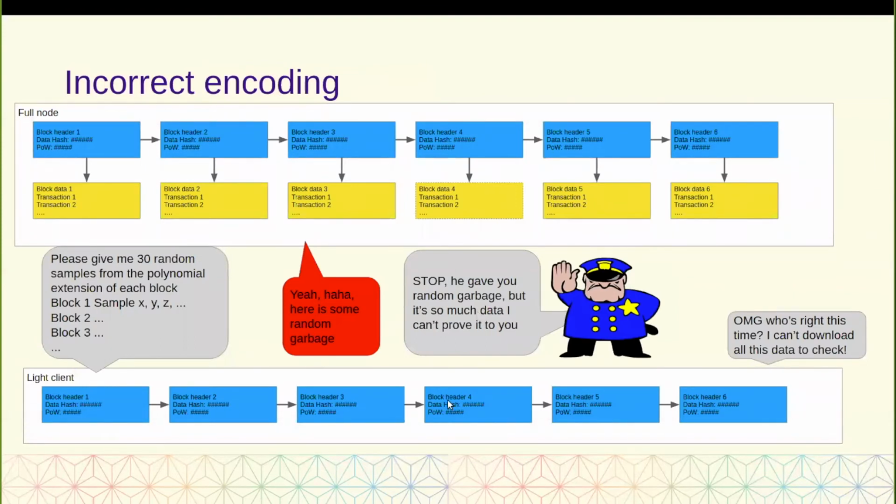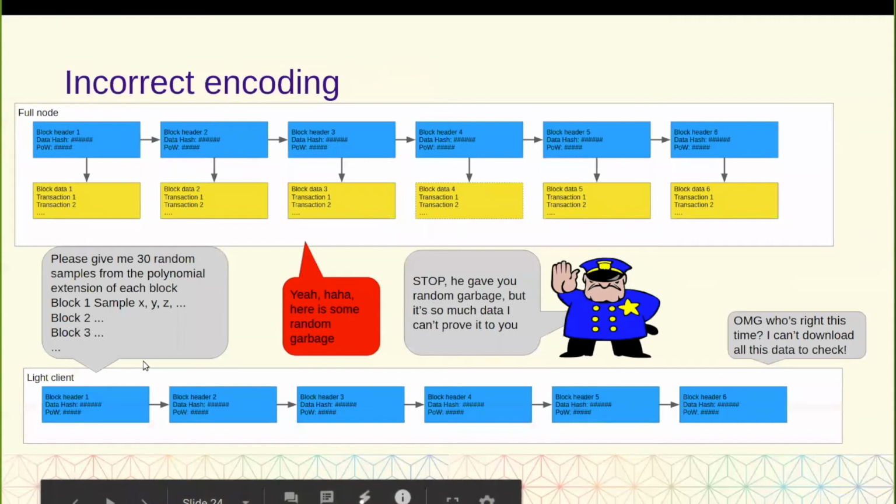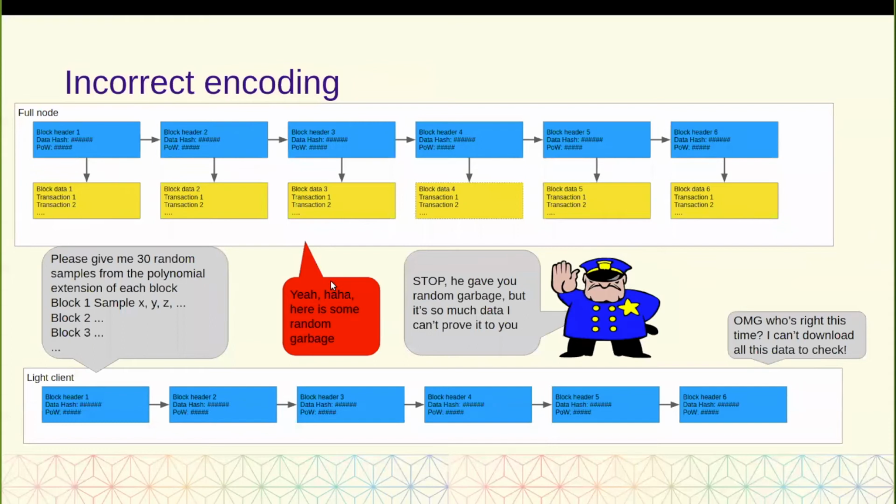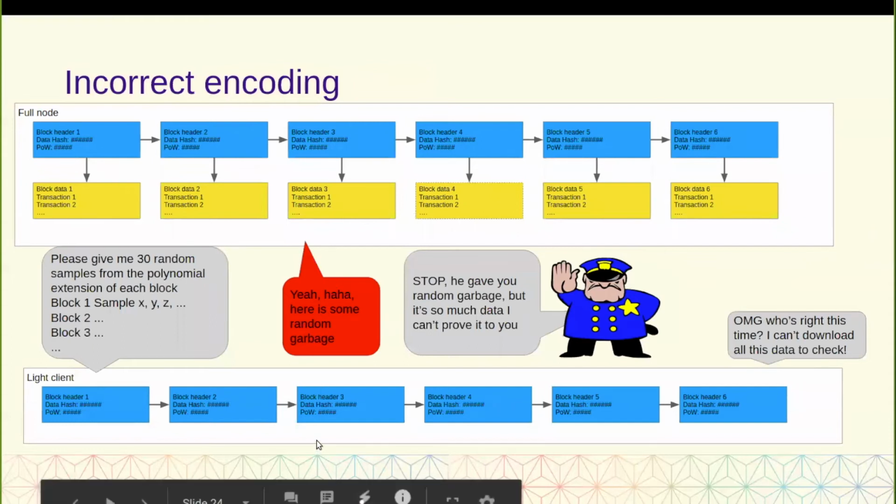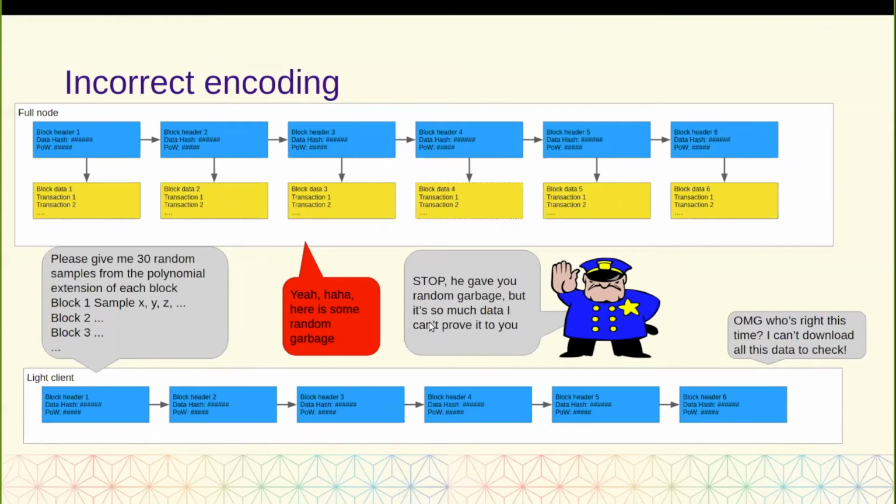So in our picture, what would happen is the light client asks for some samples, and then the evil full node gives them some random garbage, essentially. Now our policeman says, oh yeah, you have random garbage.